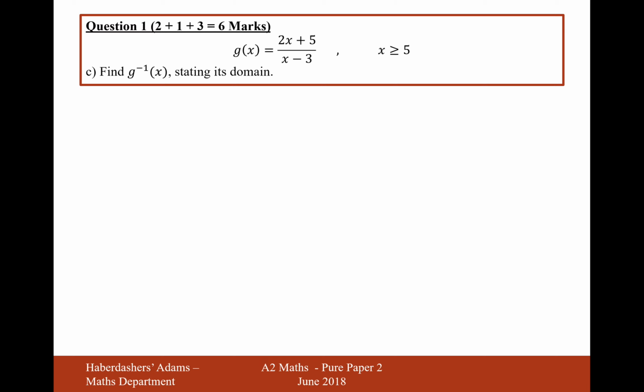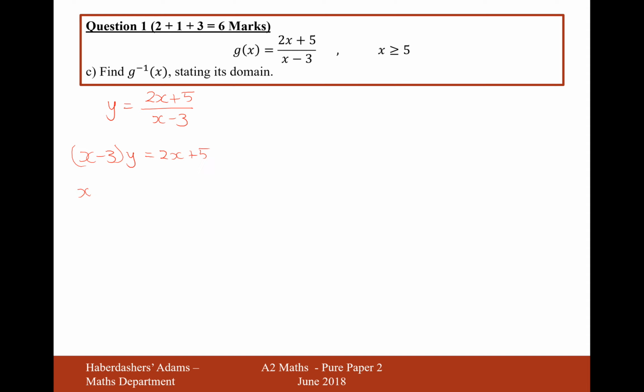Find g inverse stating its domain. Okay, so let's get started. What we do when we're finding an inverse is we set the output letter for the function equal to y, and then what we're going to try and look for is a function that can take us from our output number back to our input number, which is x. So what we're going to do now is rearrange to make x the subject, make it a function of y.